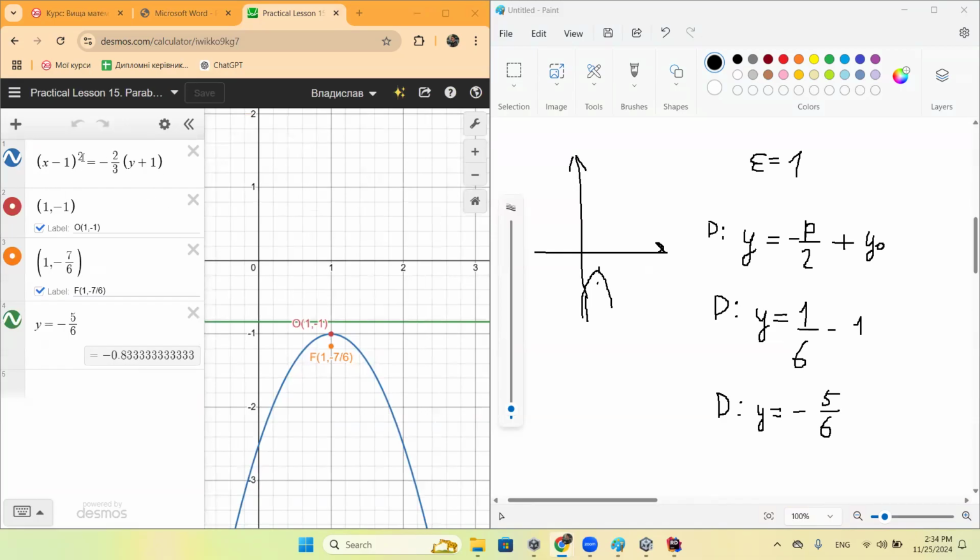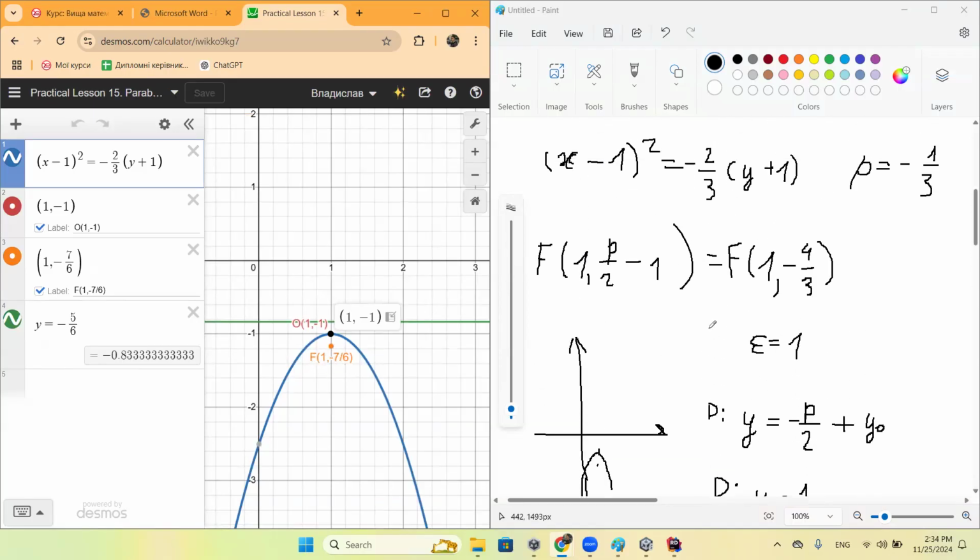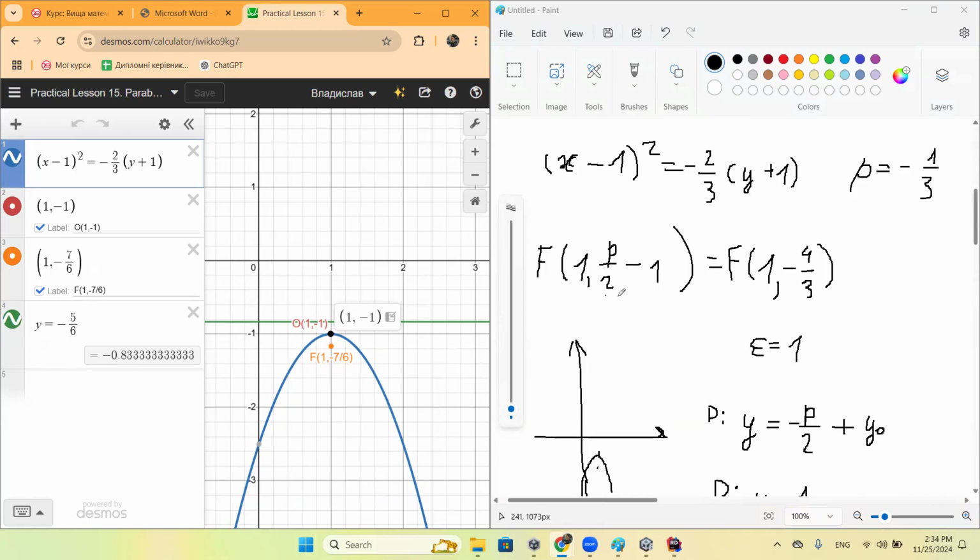So x minus 1 in power of 2 equals minus 2 by 3 by y plus 2. So the parabola, the center, no, not the center, vertex. Yeah, it has no center. So focus, stop, minus p by 2.